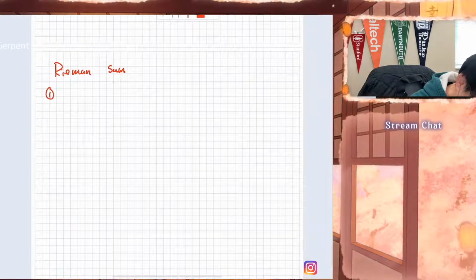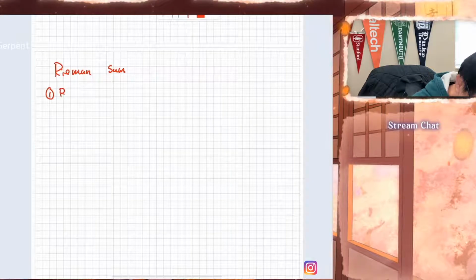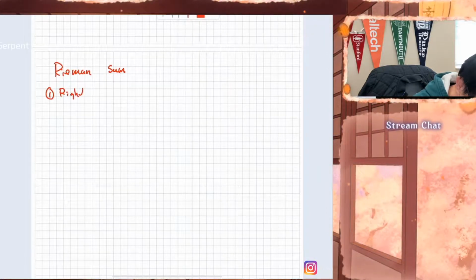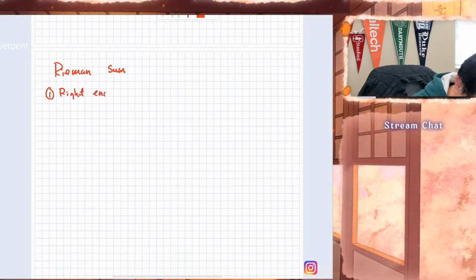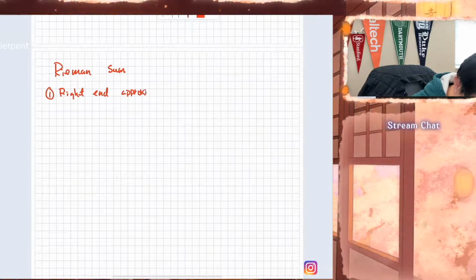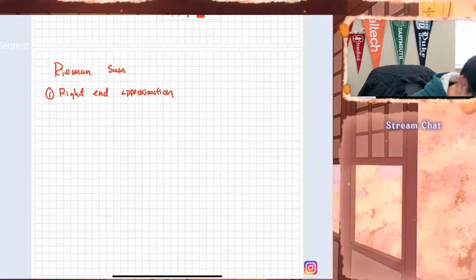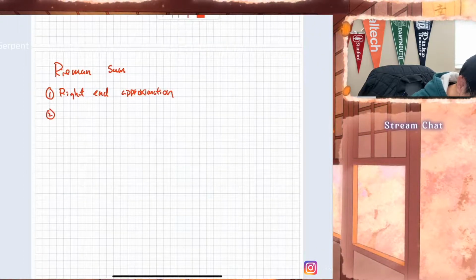Fine, I give up already. Right, and approximation. This is gonna take forever, and even that's not much better. 2, those are left end, right?